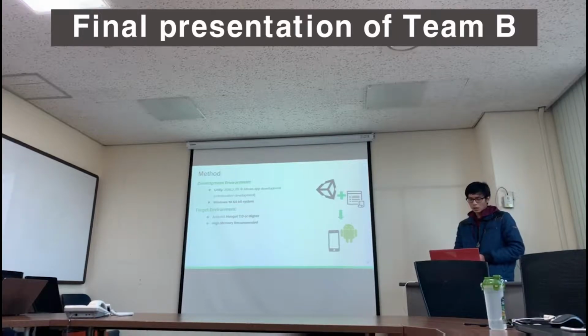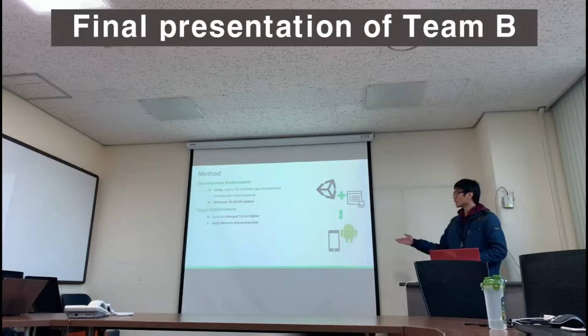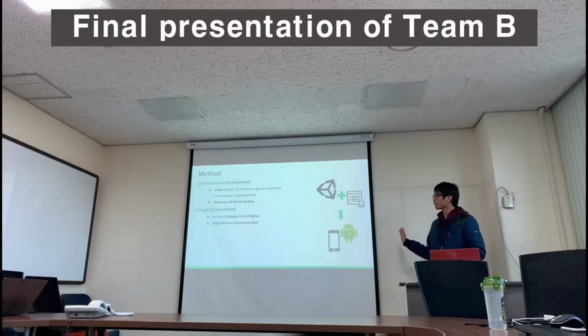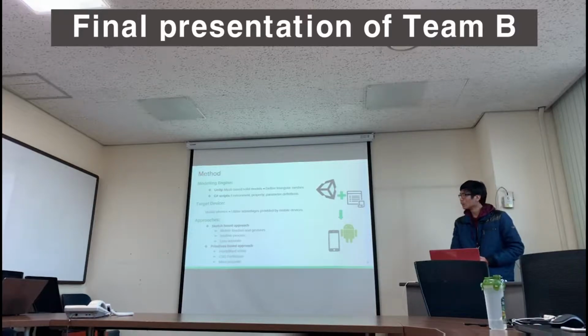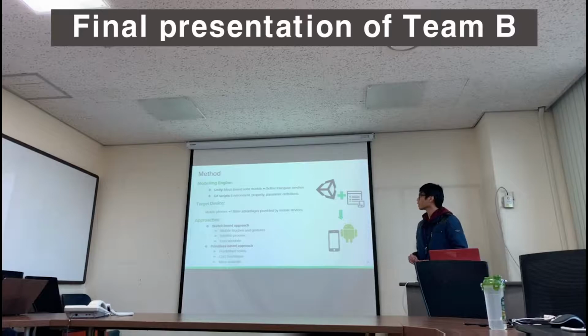Then our target environment is Android version 7. Generally, high memory is recommended, but I will explain later that one of our applications is not quite memory intensive. For more details, Unity uses a mesh-based solid model.